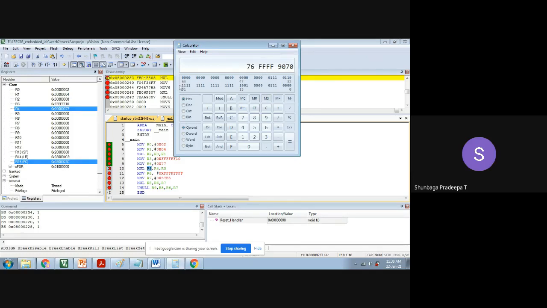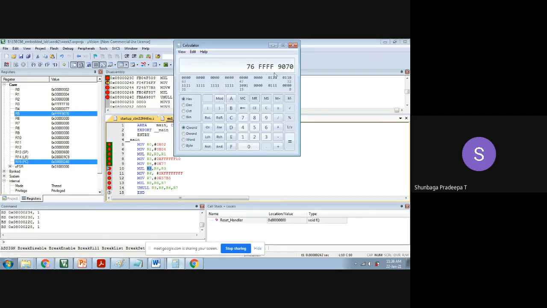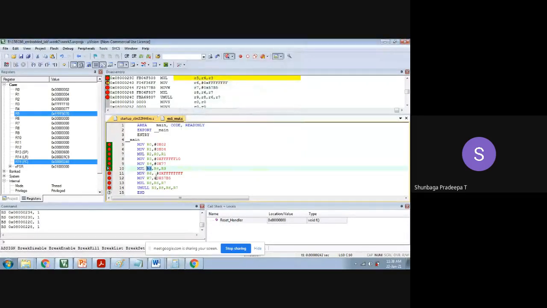If you run this, you can see that FFF9070 is only loaded into your R5 register because it can have only 32 bits of information. The other MSB bits are not stored. So we have to tell with some instruction whether we want to load the MSB bits or not.